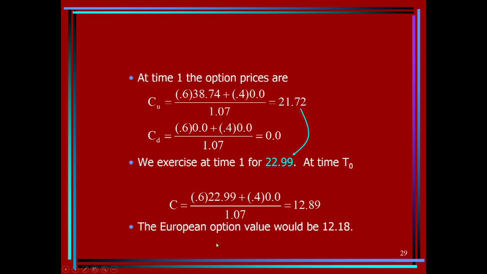Okay? So you can see from this slide that an American call would be worth more than a European call if the stock pays a significant dividend. Okay? Any question?